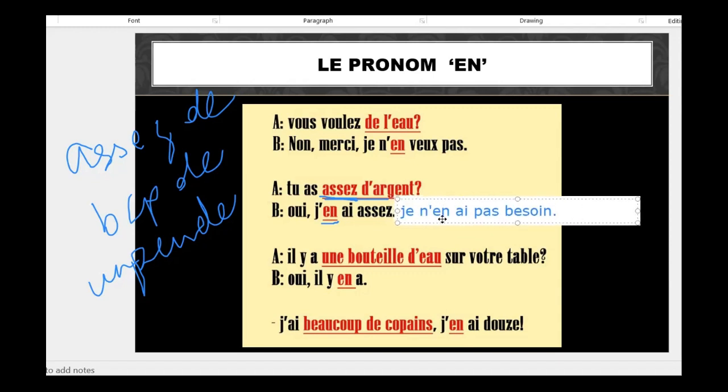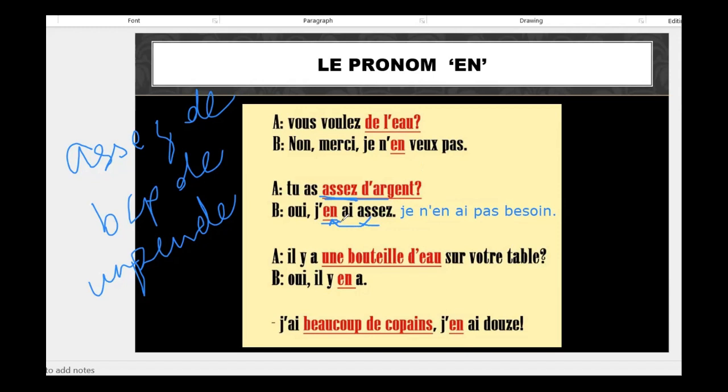So, ah oui, j'en ai assez, je n'en ai pas besoin. Here en is repeated twice. It means oui, I already have enough of it. J'en ai assez.